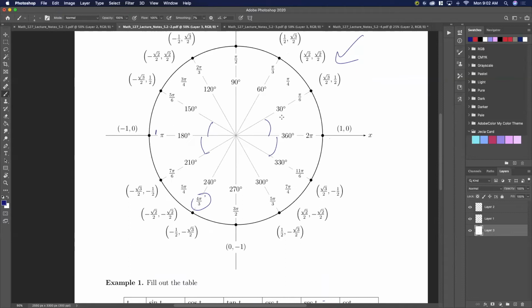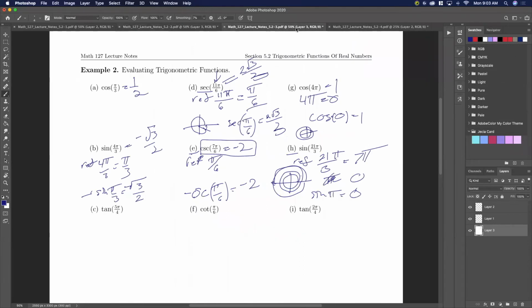It's actually on the line between them, so we know that to be 0. This reference angle is pi over 6, this reference angle is pi over 4. Since I'm flat against the line, it's 0. Does that make sense why this one is what it is?